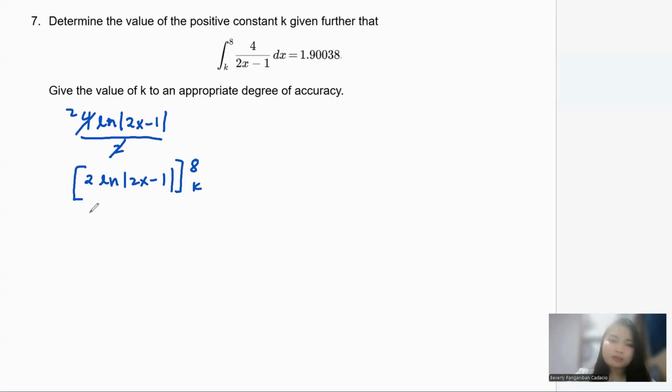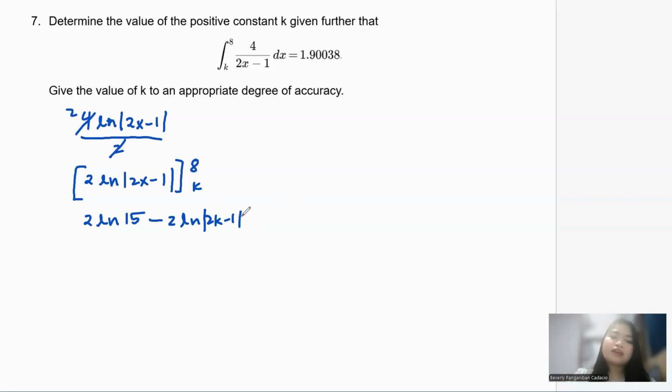I will just expand them. So it will become 2 ln. Putting 8, there will be 16 minus 1. That will be 15. Putting k there, you cannot simplify it, you just use the k. But remember, it's minus. Minus 2 ln 2k minus 1. Don't forget the parenthesis there because we still don't know what that is.